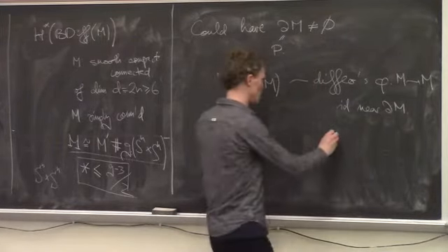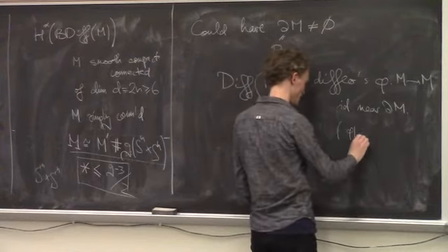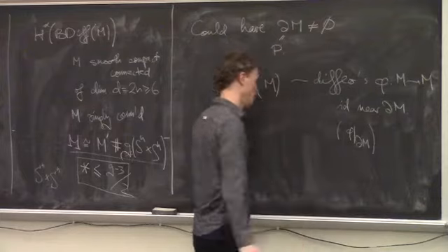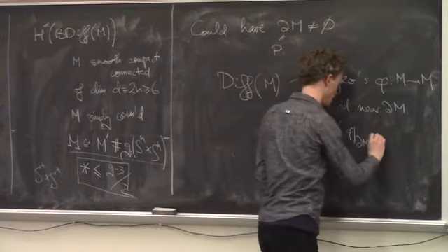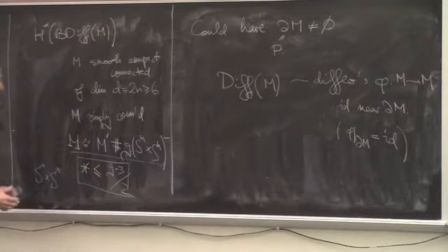Say identity on the boundary, but it is technically slightly better to say near. So this wouldn't make a big difference if I just said on the boundary, but let's say it this way.